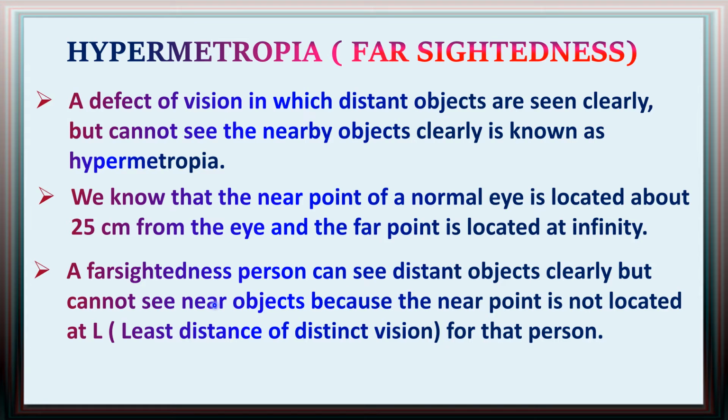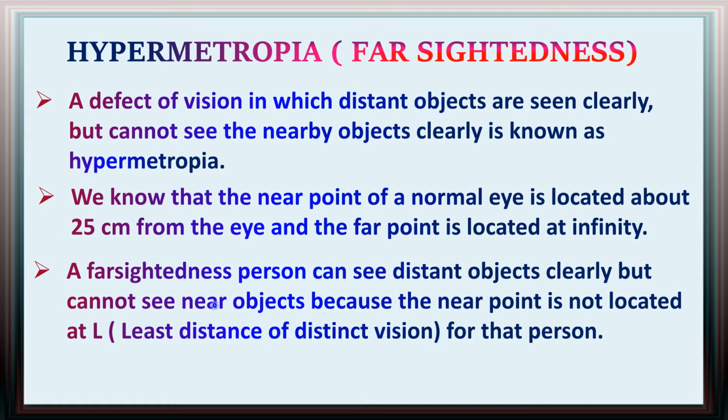That's why when an object is placed at the least distance of distinct vision, he cannot see it clearly, because the images of nearby objects will be formed behind the retina. Why? Because here the minimum focal length should be 2.27 centimeters actually in case of a normal eye.